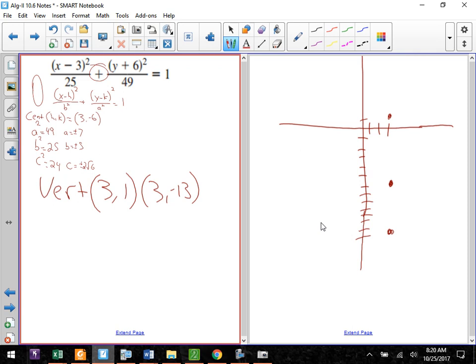Remember, all I'm doing is adding and subtracting 7 to my y value at my center, because I'm going up and down. My b value is going to go left and right, so my co-vertex. My k value doesn't change.